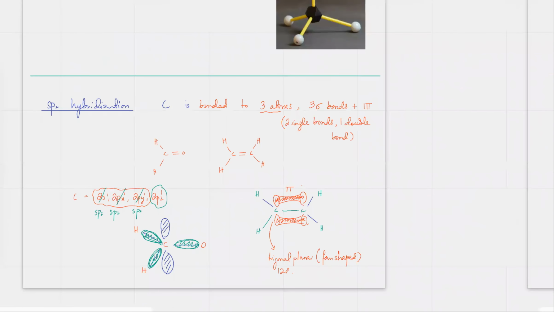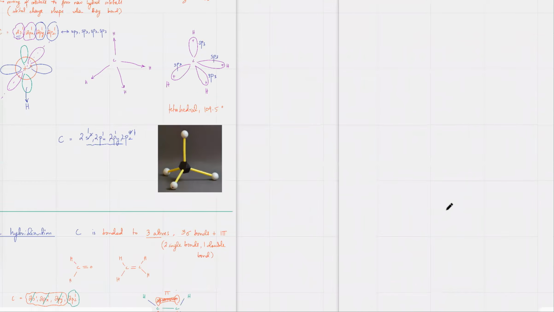So let's move towards sp hybridization. That's the last one. Now, what's sp hybridization?